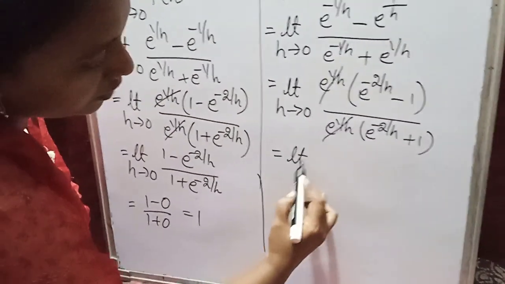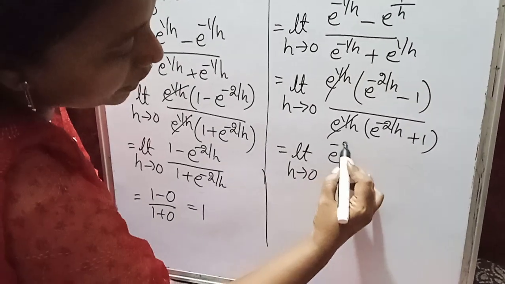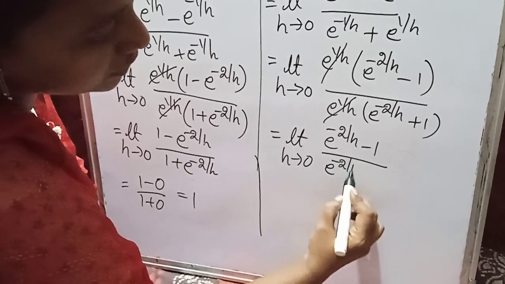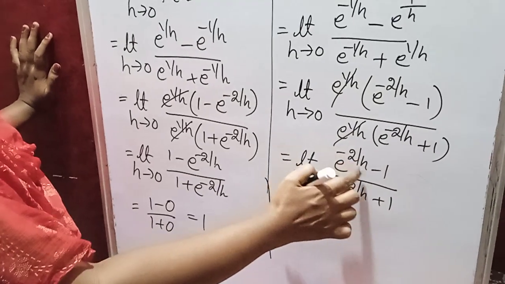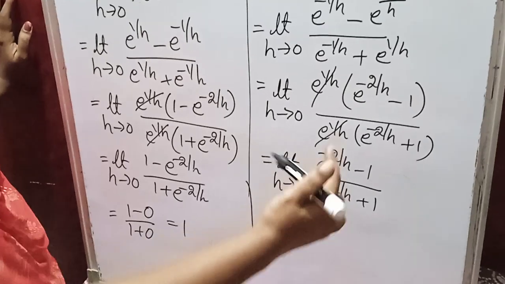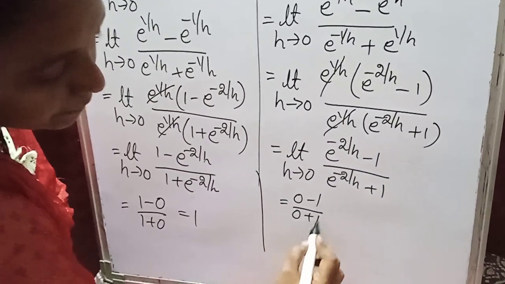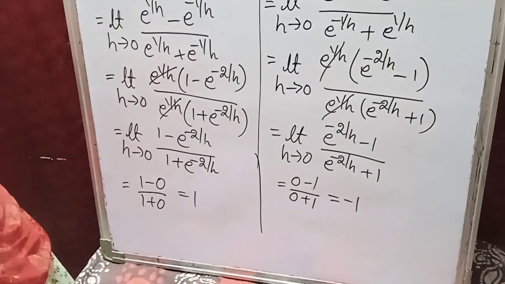So, that value will be equal to limit h tends to 0 e power minus 2 by h minus 1, by e power minus 2 by h plus 1. As h tends to 0, 1 by h tends to infinity. E power minus infinity is 0. So, this will be equal to 0 minus 1 by 0 plus 1, which is nothing but minus 1.